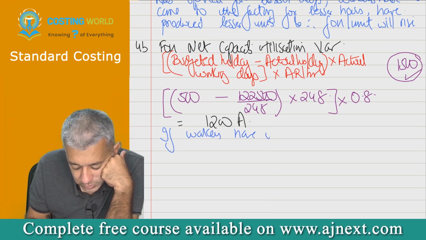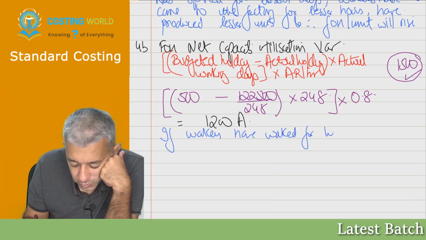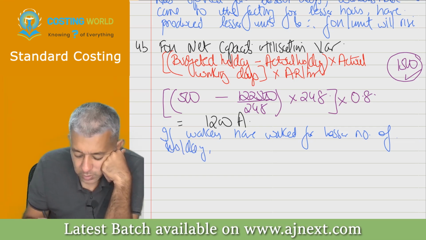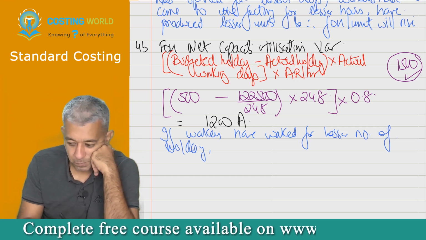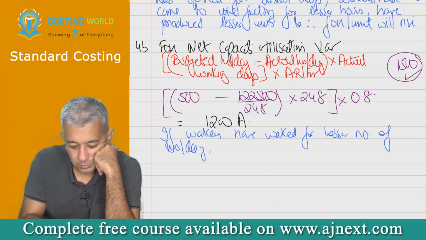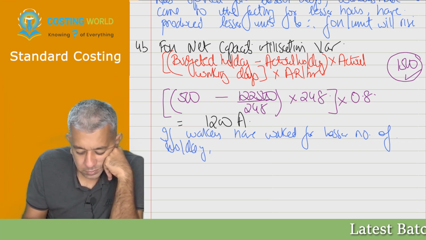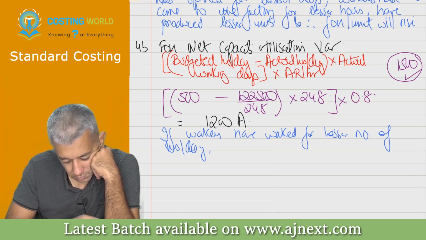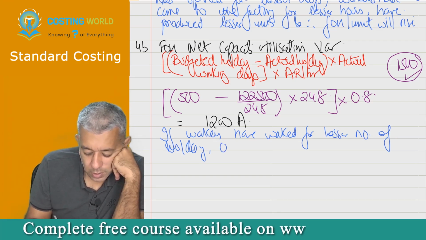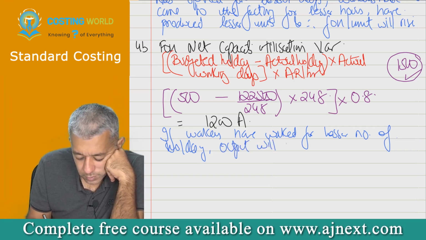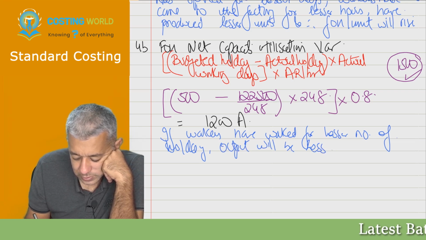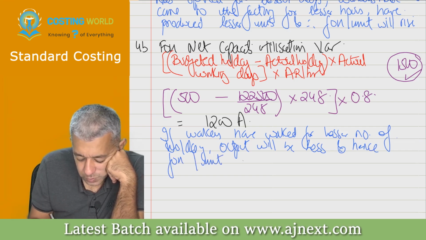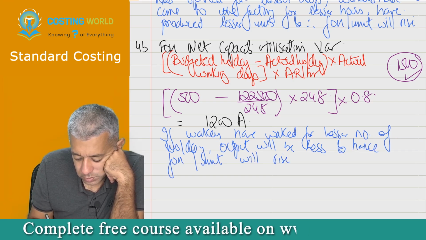If workers have worked for a lesser number of hours per day, output will be less, and hence fixed overheads per unit will rise.